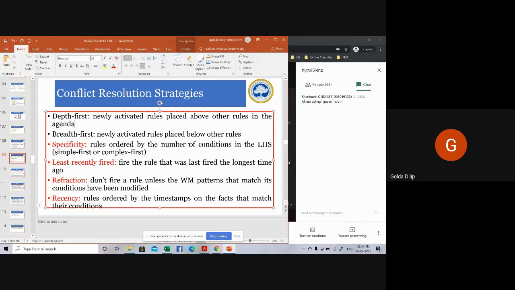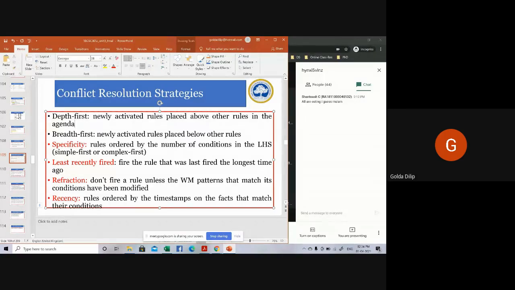Then we have what is called a recency rule. The recency rule says: fire the rule that uses the data most recently entered into the database. It relies on the tags attached to each fact in the database.